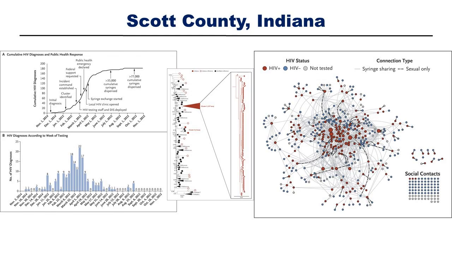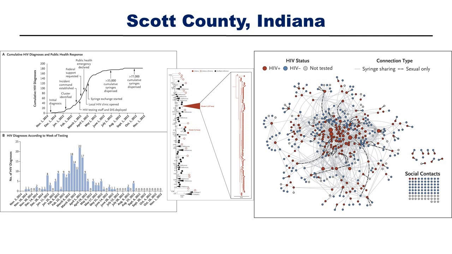So on this slide are 4 panels, and they describe graphically what has been accomplished in the evaluation of the outbreak in Scott County, Indiana, which was reported on several years ago. Importantly, we have to keep in mind that Scott County had become a healthcare desert, where there were no healthcare providers.